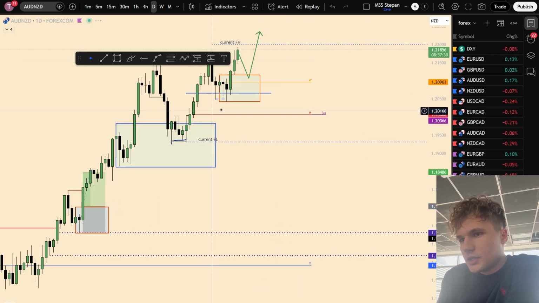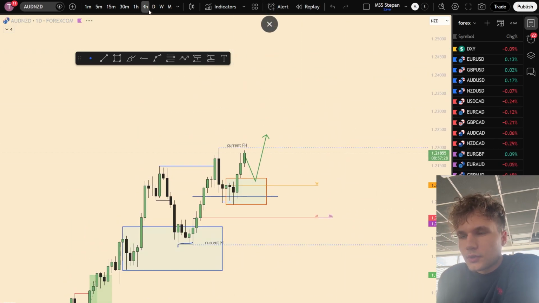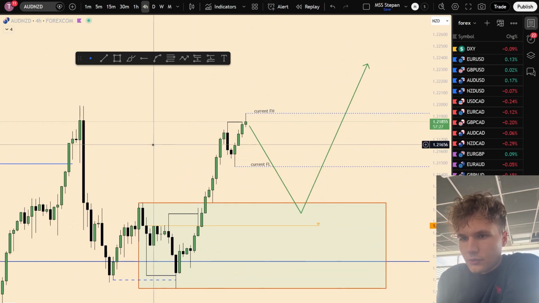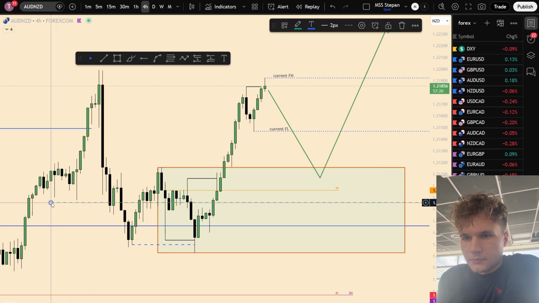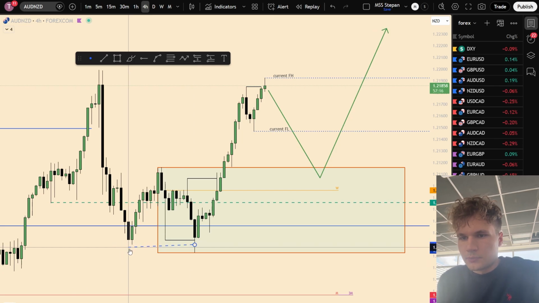Then moving on to AUDNZD, very clean price action. So we liquidated these liquidity points right here. Then we made a fake breakdown, taking even more liquidity.